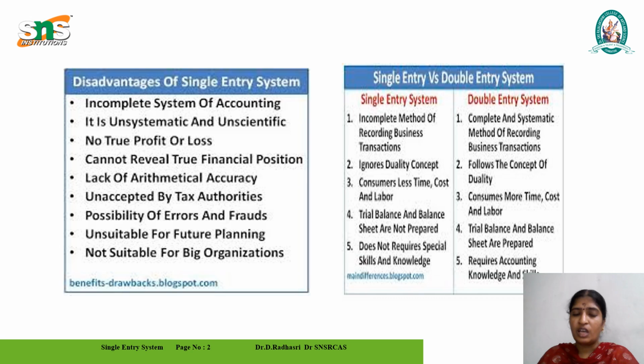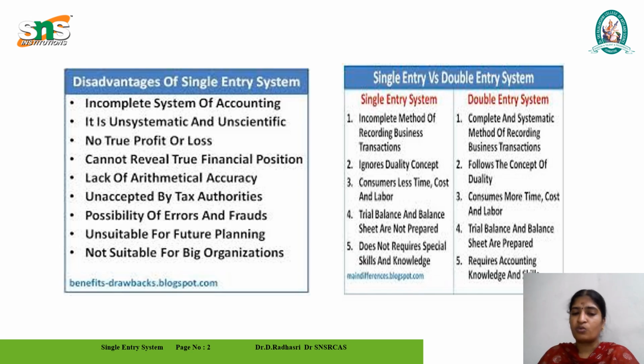So no profit or loss is maintained in the accounts of the single entry system. It cannot reveal the true financial condition. When we run a business, we want to know the real facts of the business, such as the goods coming into the business, but in the single entry system we cannot identify them. There is a lack of arithmetic accuracy, which is avoided in the double entry concept.